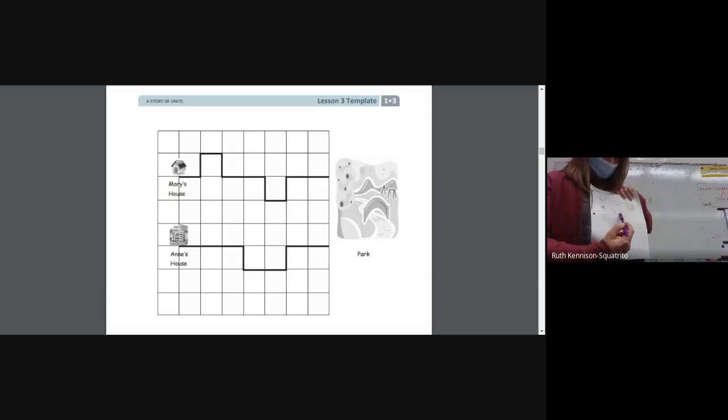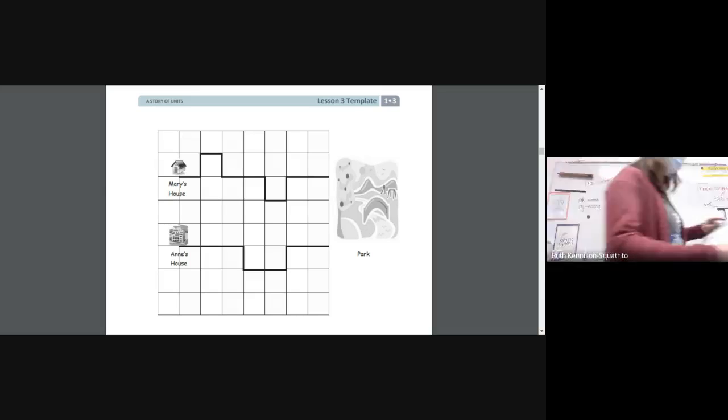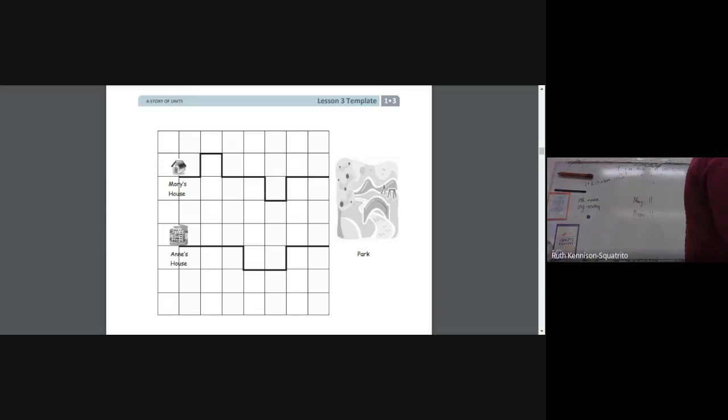So it goes 1, 2. Okay? So 1, 2, 3, 4 down is 4. 5 and 6 across again. 7 is up. 8, 9. Okay? All right. So who had the shorter path? Who had the shorter path? Anaya?